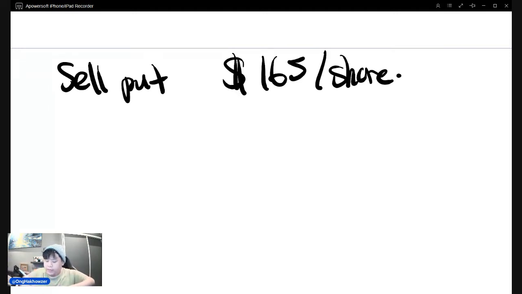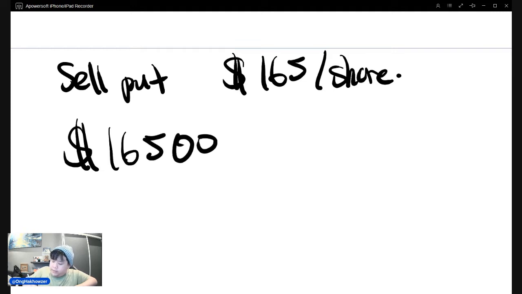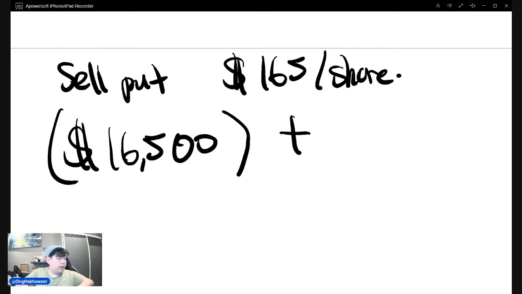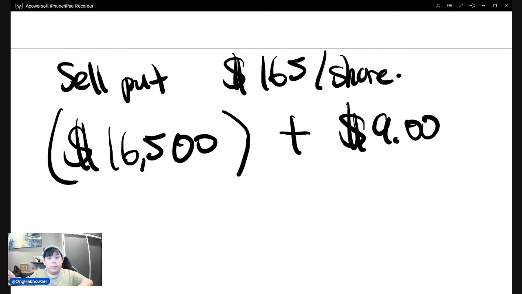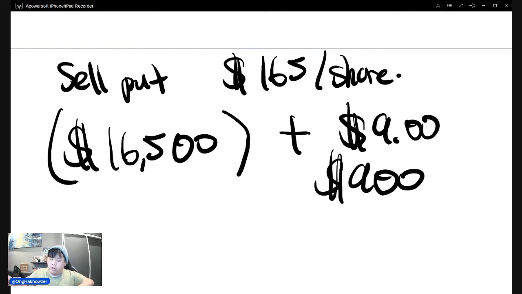So what will happen is you are basically going to be putting up $16,500 as collateral. You'll be locking up this money. And on top of that, right now the price is $9 per contract, which equates to $900.